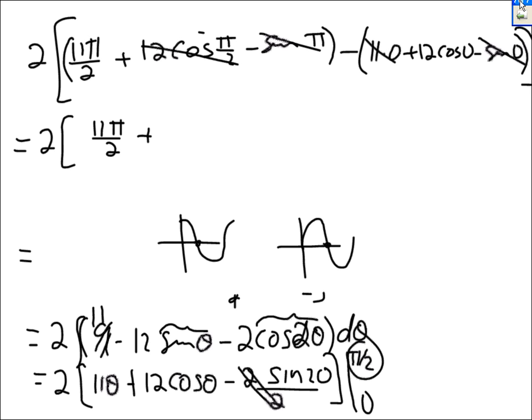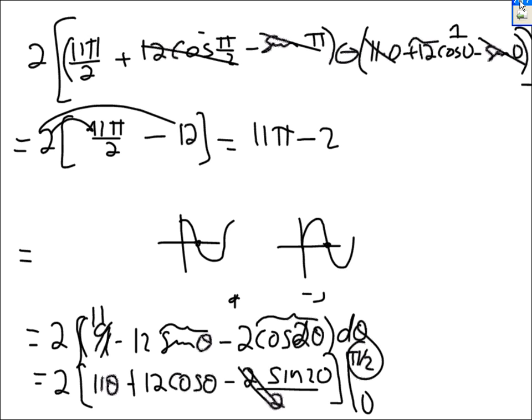Okay, the only thing that survived is, well, we have a minus 12 times 1. Cosine of 0 is 1. 12 times 1 is 12. So you get 2 times that. The 2's cancel. You get 11 pi minus 2 times 12, 24. There's the answer.